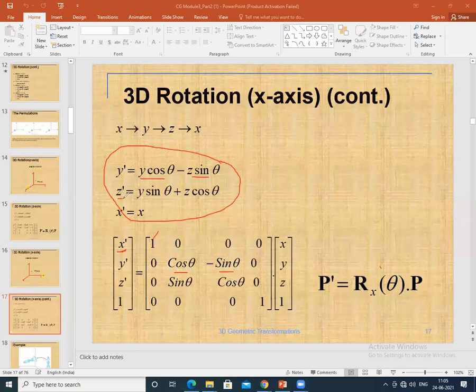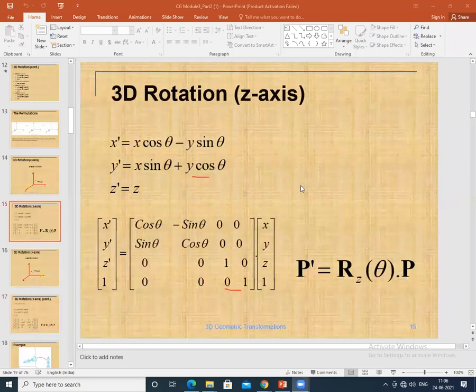Similarly, when it comes to z bar, be careful with the equations. With respect to y it is sin theta, and this is cos theta. So this was the 3D rotation along the x-axis. When you saw 3D rotation along the z-axis, why did you find it simple?